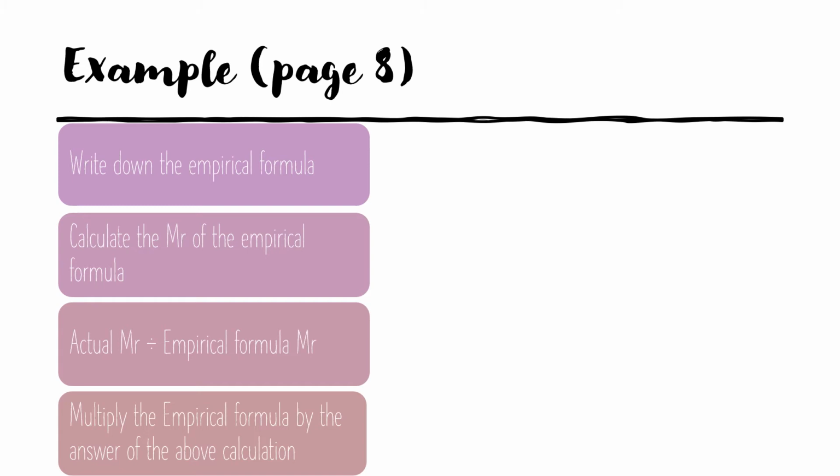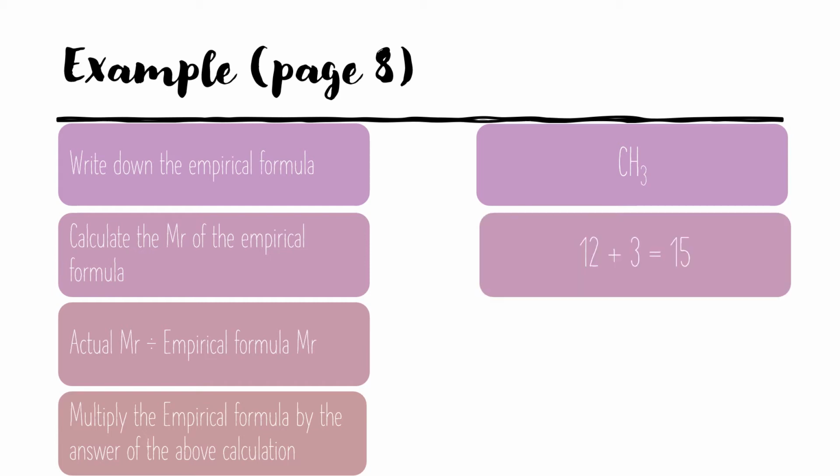Now the next and final example that we're looking at is just at the very bottom of page 8. And here we're told the empirical formula is CH3. We then have to calculate the MR of that. Remember, the MR is just looking at the elements that you have, the number of them, and their mass numbers. So we've got one carbon with a mass number of 12, and we've got 3 hydrogens, each with a mass number of 1. So our calculation is 12 plus 3 gets 15.